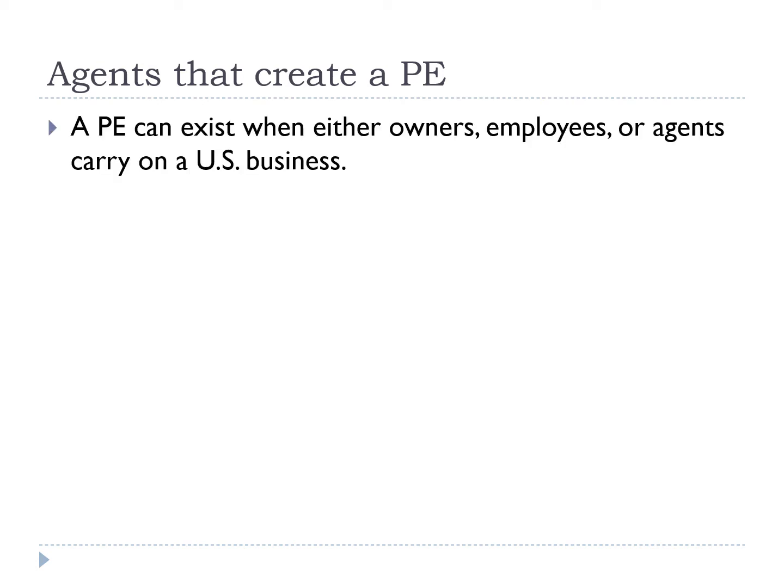A foreign entity can have a PE in the United States if its business activities are carried on through agents. In general, where a foreign entity carries on business activities in the United States, it does not matter for the PE analysis whether those activities are carried on by owners of the entity, employees of the entity, or agents of the entity.